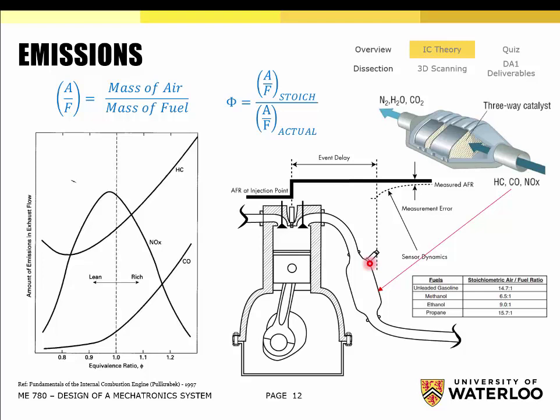Okay, so if we're operating slightly lean and the target is to be perfectly stoichiometric, it's going to add a little bit more fuel. If we're operating slightly rich and the target is stoichiometric, it's going to subtract a little bit of fuel. Okay, so that sensor, there's some time delay because of the amount of time it takes for the air to go from the cylinder all the way through to the catalyst. So you need to calibrate that in the actual control algorithm. So it's a feedback mechanism that has some time delay or some latency or lag value.